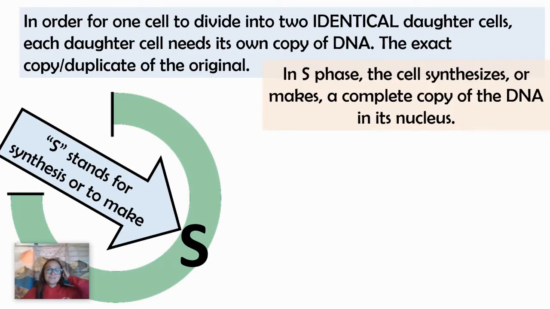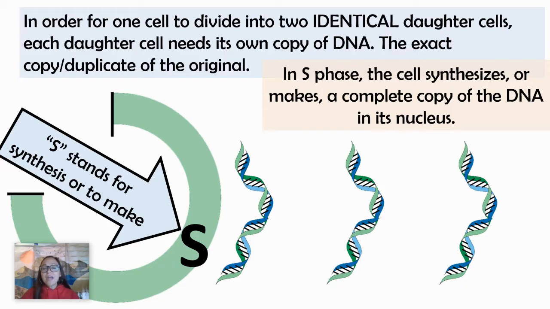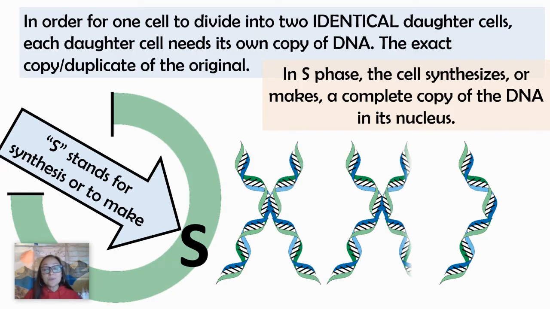So in S phase, the cell synthesizes or makes more DNA in its nucleus. So here I have 3 strands of DNA, 3 chromosomes. In reality, in humans, we would have 46. And during S phase, this is where DNA replication happens. So DNA replication is its own beautiful process. It'll have its own beautiful video. But basically, you're starting with a double helix, and you make an exact copy of it.